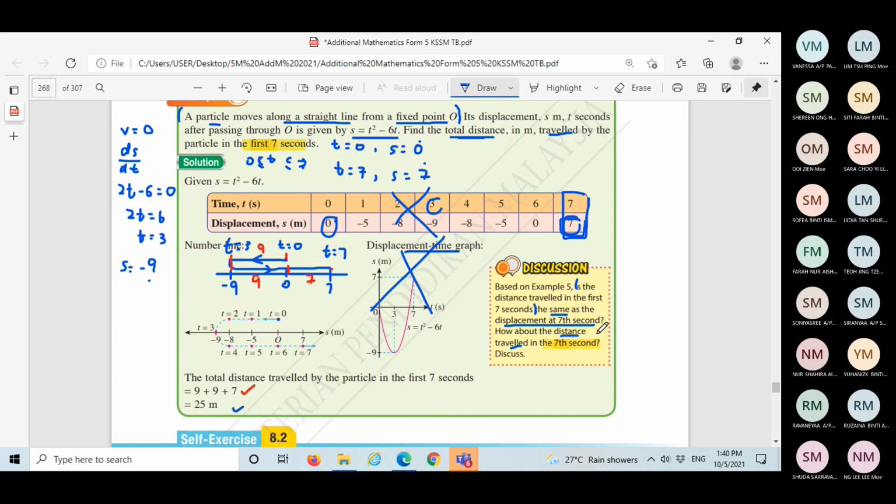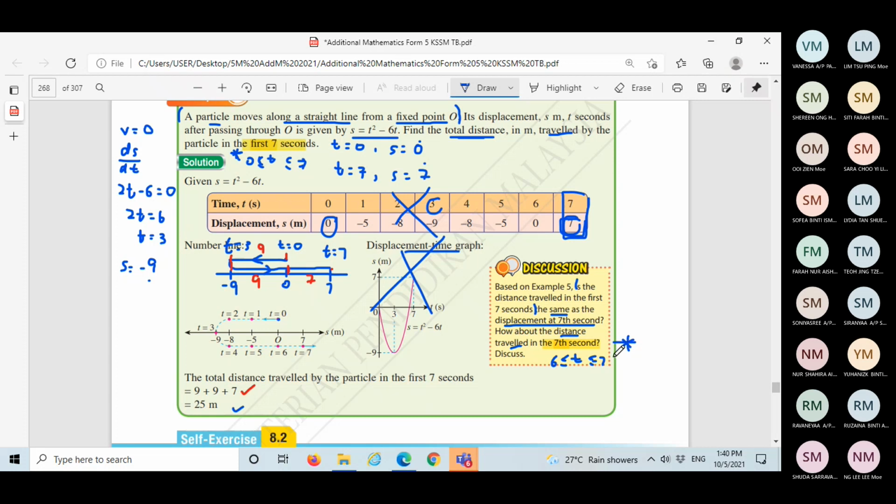But if the question asks the distance traveled in the 7 second, it means the time is 6 to 7 only, the last second. What is the distance traveled? Can see different. So this is very important. If you are writing notes, these two must be inside your notes: distance traveled in the first 7 seconds and the distance traveled in the 7 seconds.